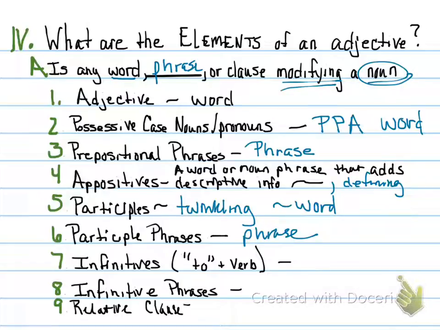And so that can be both a word level and a phrase level element of adjectives. And then ones you're very familiar with by now are the relative clauses. Those pronouns that start that clause that gives more information. The teacher who came to class today. So who came to class today would be the relative clause to describe more specifically who that teacher is. So that's a phrase level element.